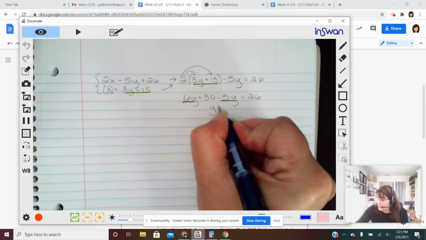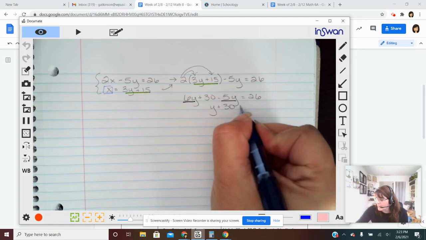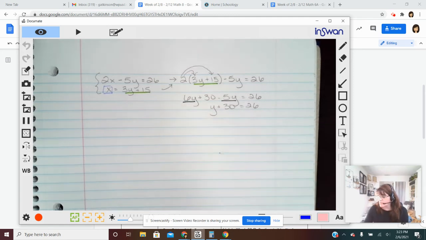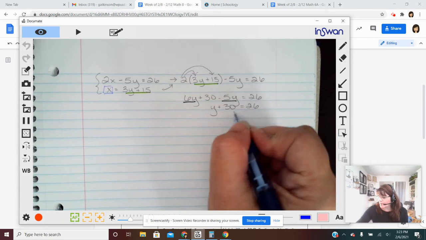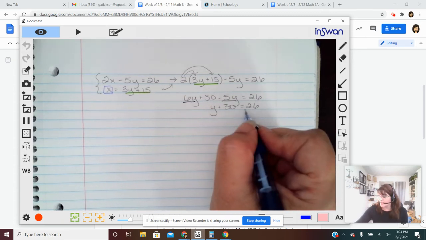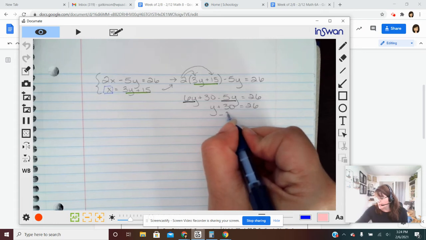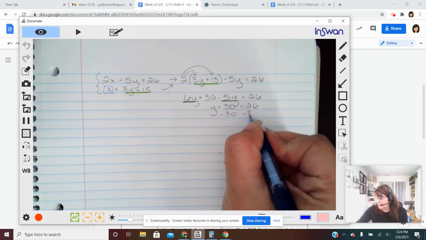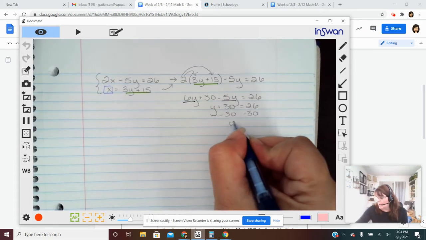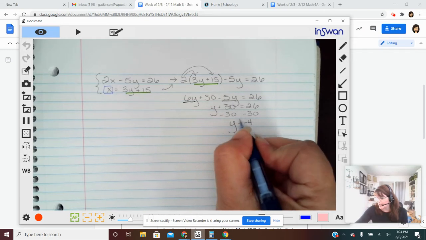So y plus 30 equals 26. Oh, that's a very simple equation. I know what the value of y is just by looking at this, but let's prove ourselves right. Inverse operation is negative 30. y equals negative 4.